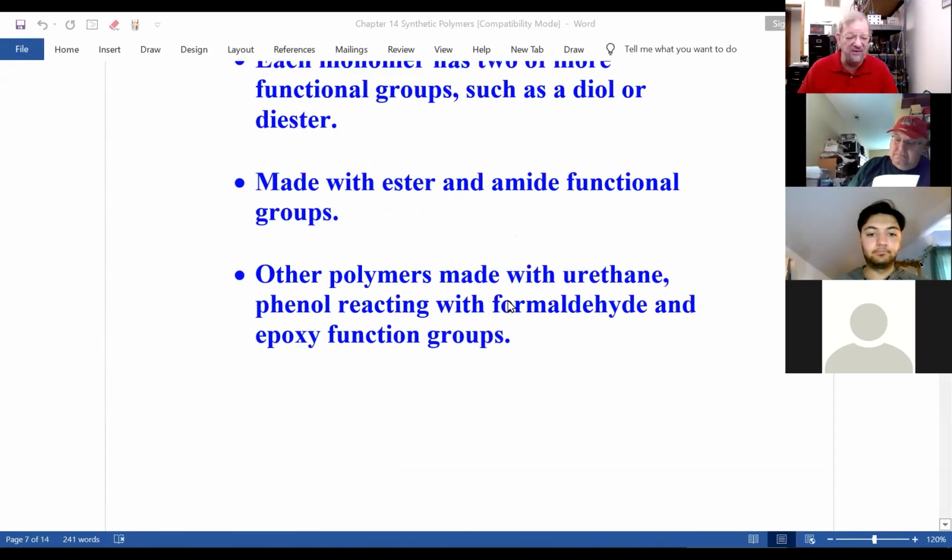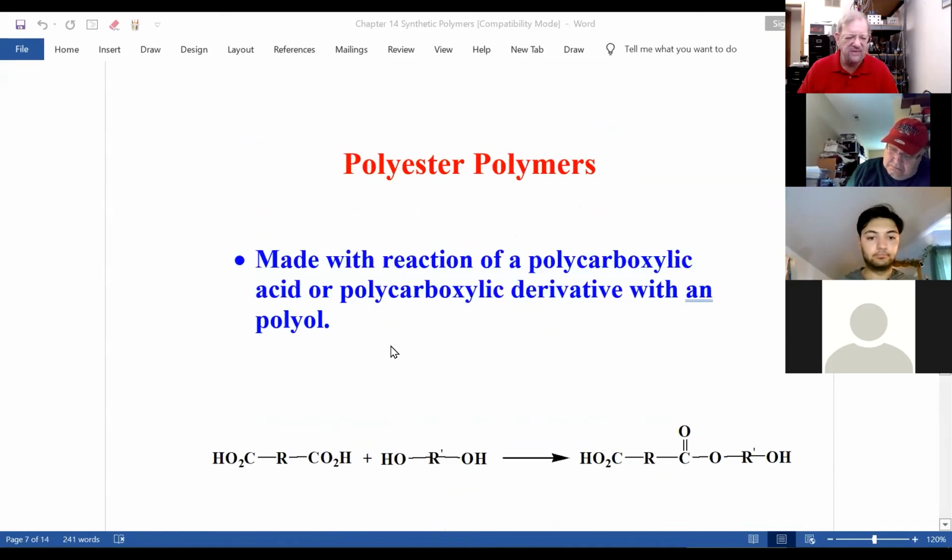Now, there's another one called a urethane, and another really good one which I've worked in heavily, reacting phenol with formaldehyde to make what's called a phenolic resin. And then epoxy resins are another one, which I haven't shown you the chemistry. Well, I showed you a little of it.